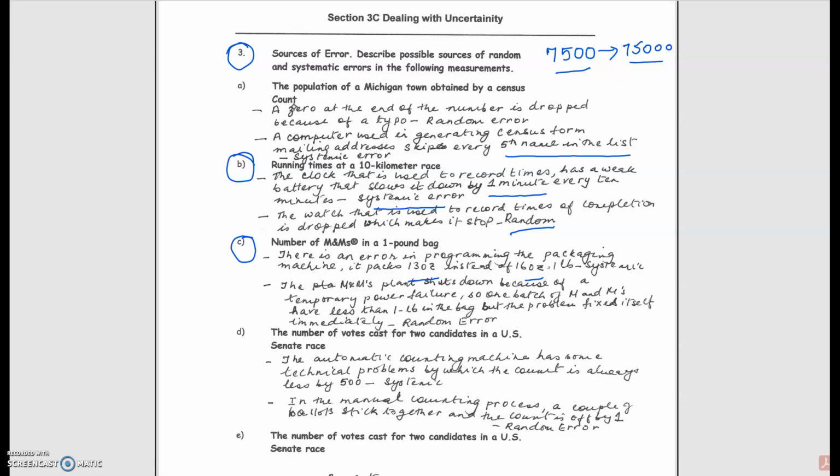But once the machine starts and the power is back, the rest of the system starts operating in a normal way. So that would be considered a random error because it just happened by chance.